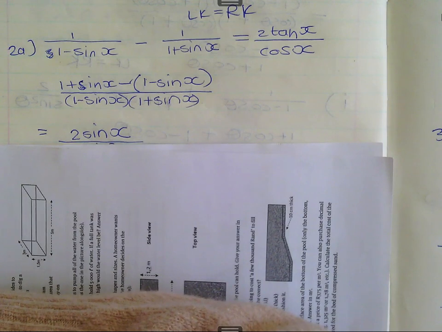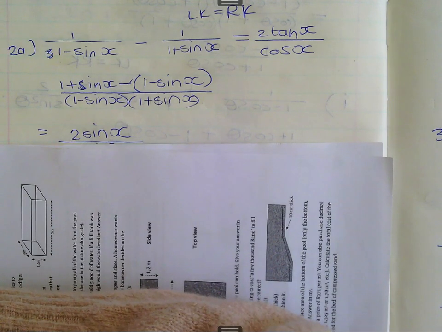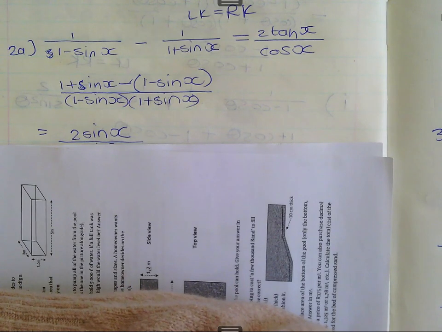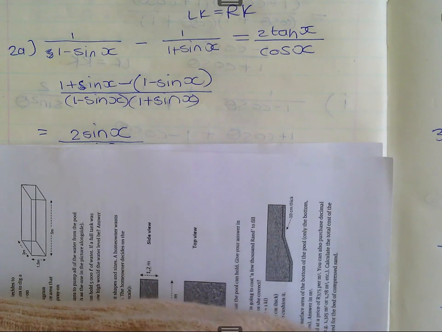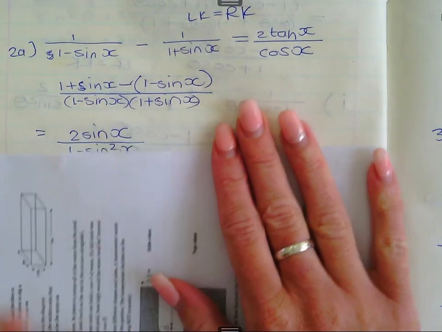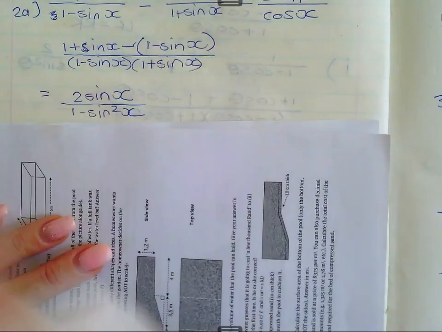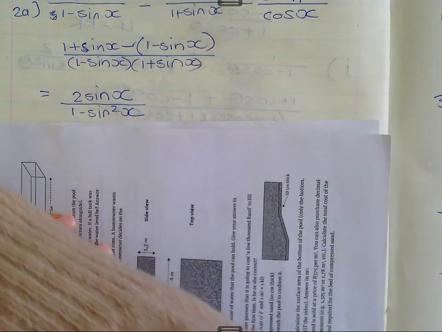And at the bottom, difference of two squares. Good. 1 minus sin squared, yes.